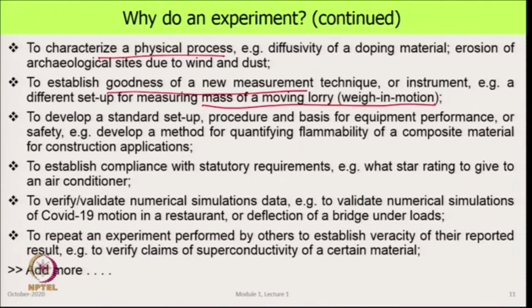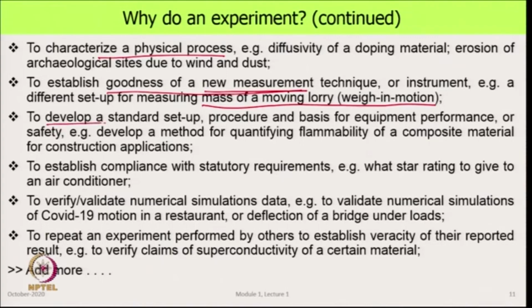Because we all know that on Indian roads many of the trucks are overloaded and they cause a lot of accidents. So, can I make an instrument that will measure the truck as it is moving? A new instrument has to be designed, and we need to establish how accurate the reading is compared to the stationary mass of the truck.